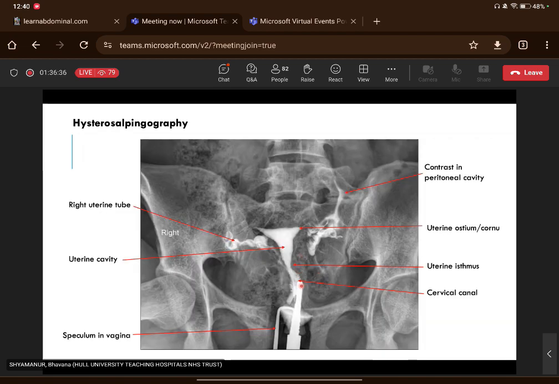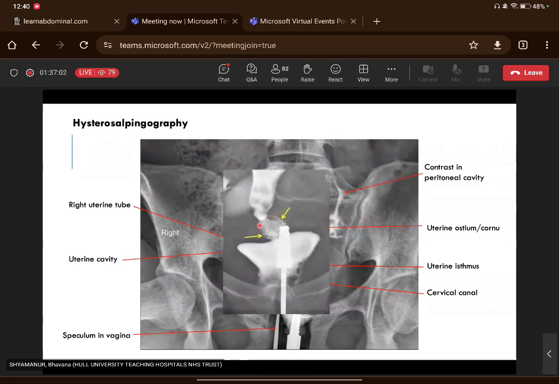So here's a normal HSG, so cervical canal, and it's a cervical canal because you can make out the narrowing from the isthmus, uterine cavity, both cornu, and then the tubes on either side, and this is contrast spill into the peritoneal cavity, which of course is normal because that is the direction the contrast will take.